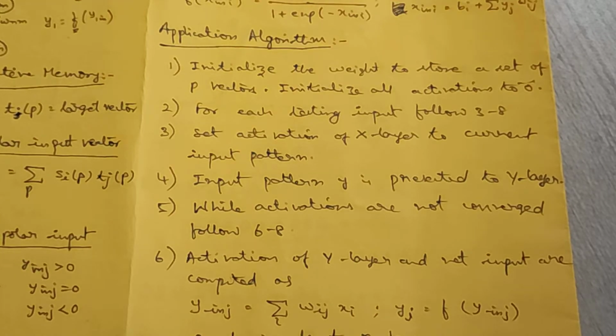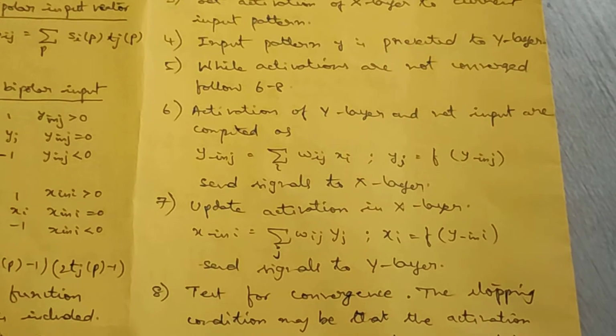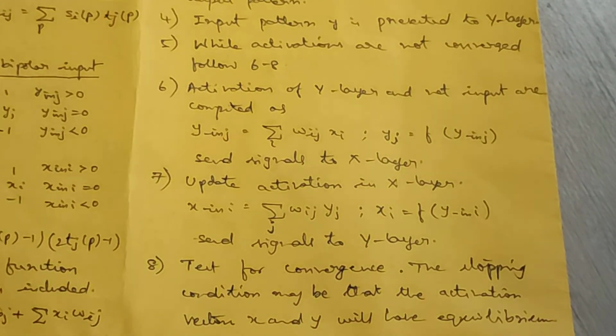So what we have to do now, while activations are not converged, is follow steps 6 to 8. I need to find the activation of Y, and the net input is computed as follows.